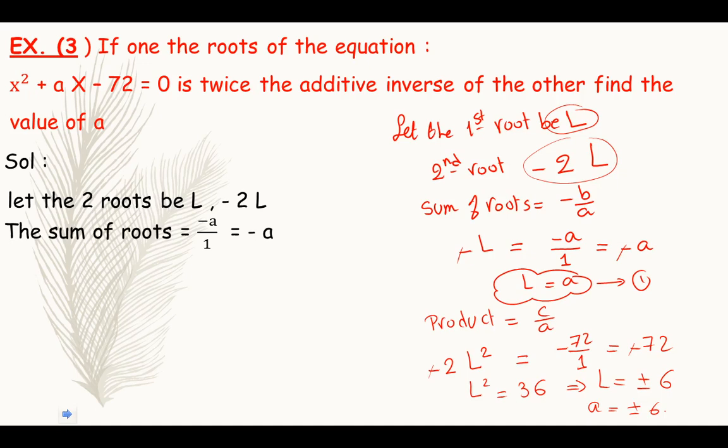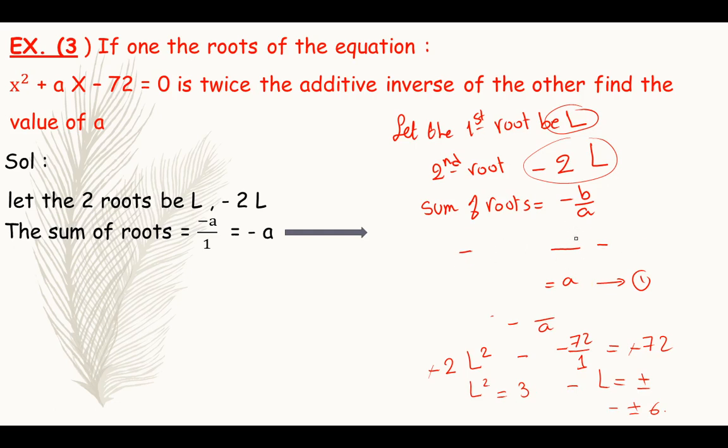Here negative b is the coefficient of x, so it will be negative a over 1, which is equal to negative a. The sum of the roots means we are going to add the two roots together.